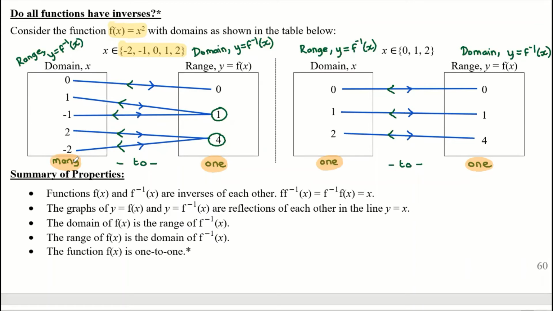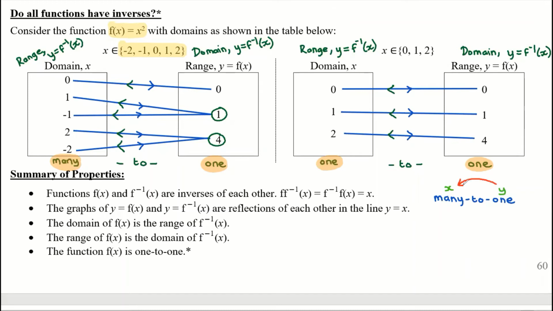Okay, so let's just write this out more formally. For example 1, we have a many-to-one mapping. The many corresponds with the x inputs and the 1 corresponds with the outputs. In the inverse function, these switch around.